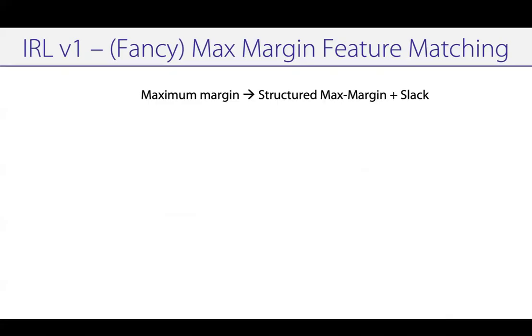So we covered a couple of ways to solve this problem. The first was max margin. The idea of max margin was that we wanted to say the value function for the optimal data is better than the value function for every other policy. And we said that is inherently ambiguous. And so we introduced this max margin formulation. So we want to say it's better than every other policy by a margin. We want to maximize the margin.